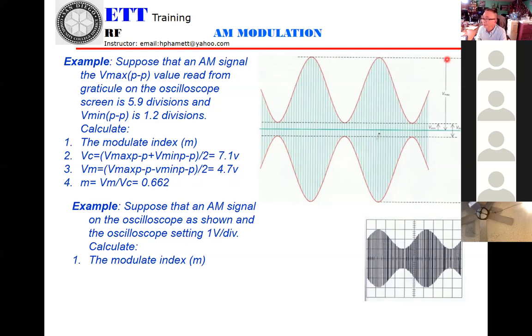So when you measure on the scope, they say peak to peak. That means they measure from here to here. So they want only from here to here. So that's why I divide by 2. Okay, got it. And then you get number 3, 4.7, and M you get 0.662.